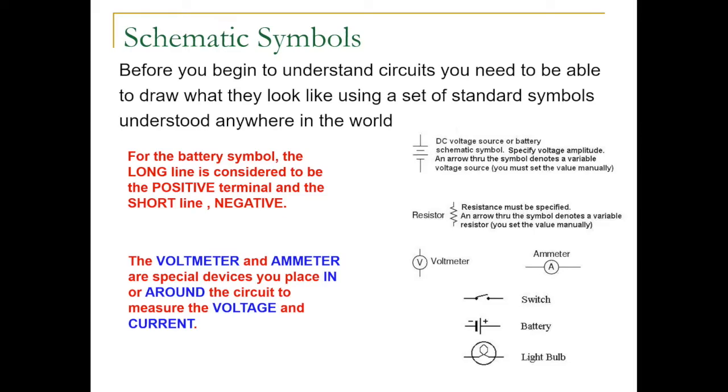The point we're trying to make here is whenever you draw a battery or a voltage supply, the long line has to represent the positive terminal and the short line has to represent the negative terminal. So always make sure that they are very obviously different, because this is going to help you understand the direction of the conventional current. Until now, we've essentially focused on the electron flow of circuits because that's helping to explain the physics.